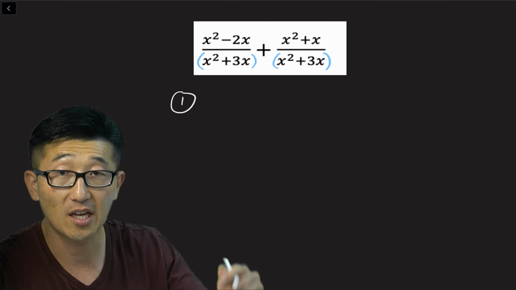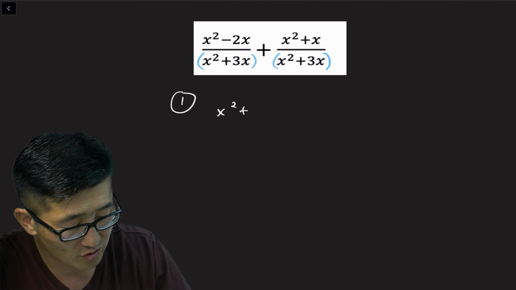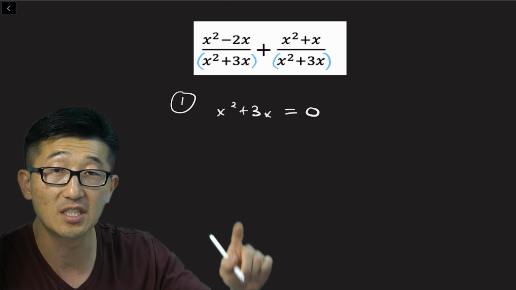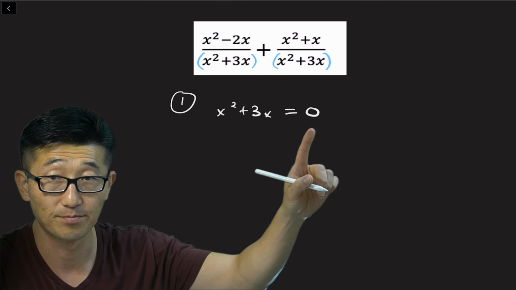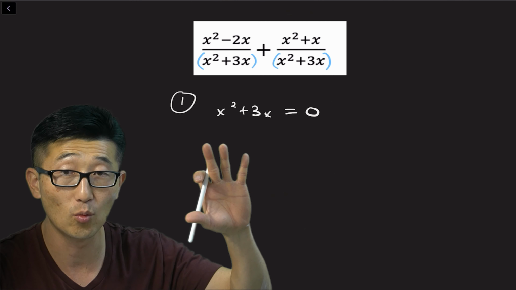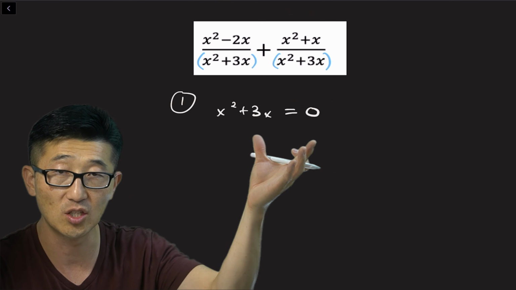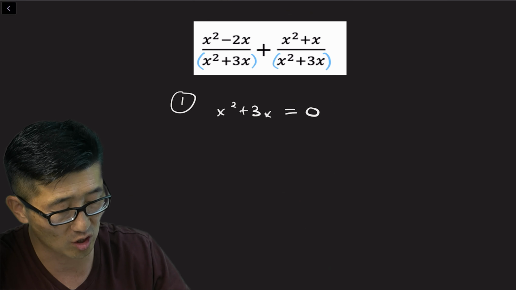But as I told you before we do anything, we have to always state the excluded value. So let's take a look at the denominator, x squared plus 3x, and let's ask ourselves this question: when will this denominator turn into 0? Now again, I'm not trying to solve this. I just want to know what's going to cause this expression to become 0. To do that, you set it equal to 0 and you solve it.